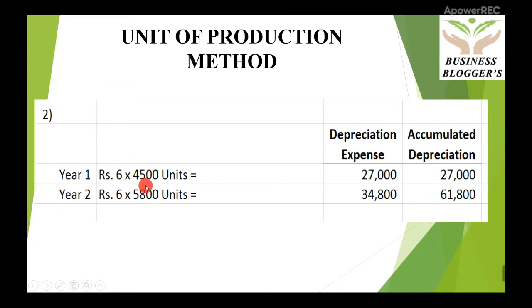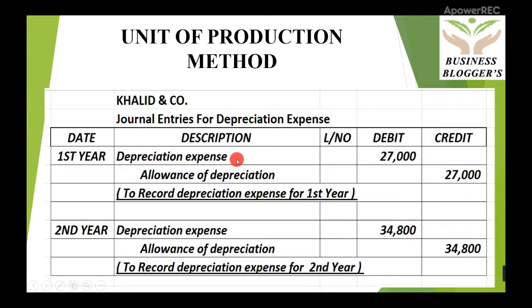The units are given in our example, 4,500 and 5,800 units. Okay, let's record the journal entries for the first 2 years. First of all, depreciation expense debit and allowance for depreciation credit 27,000 rupees.